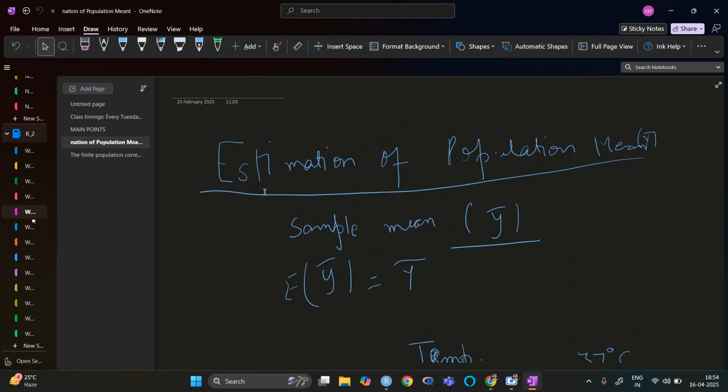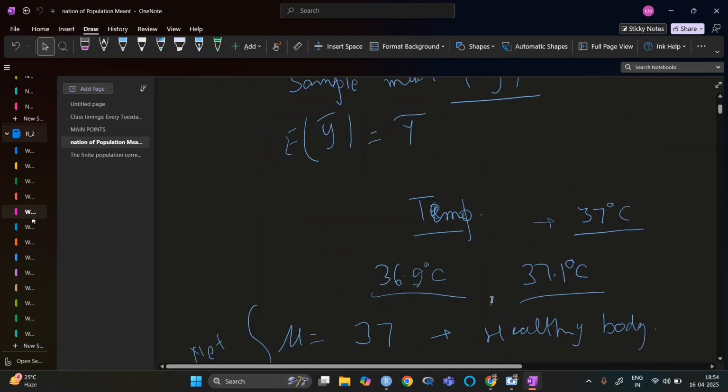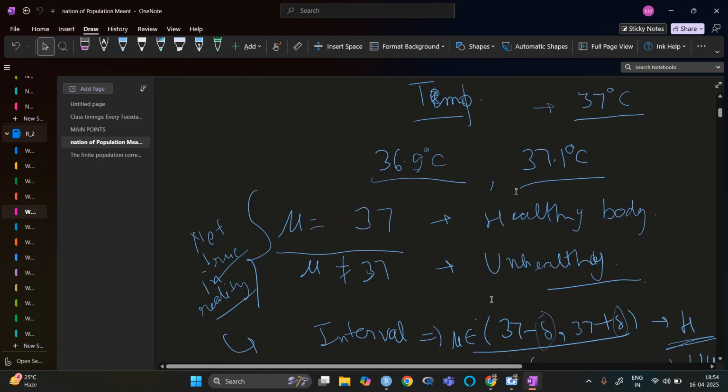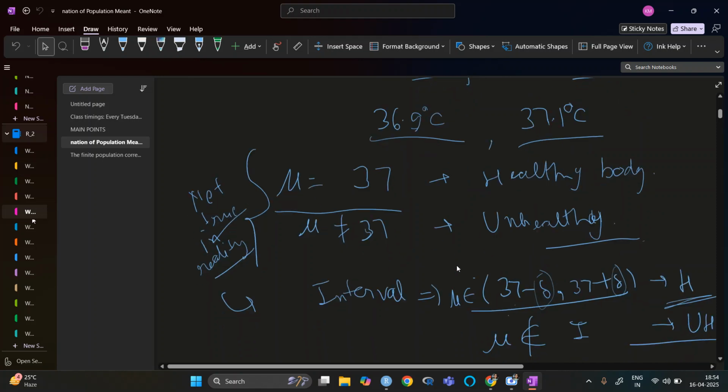So for that, we take this confidence interval. You have one interval, and within that interval, we say this. So what we have is hypothesis testing, and for that we use the z test and t test.